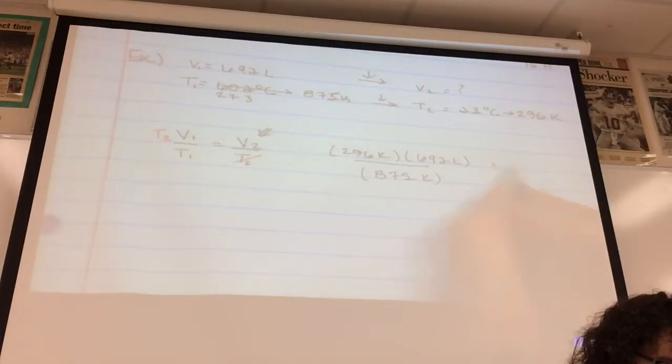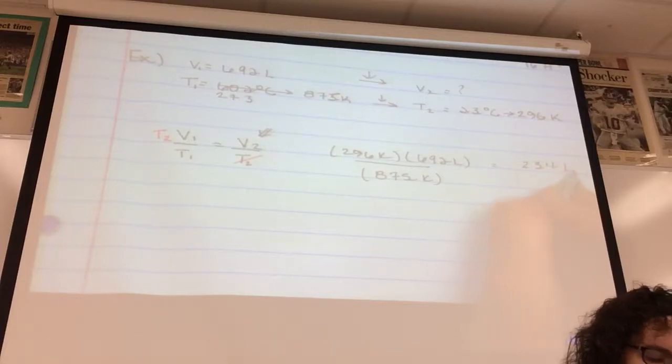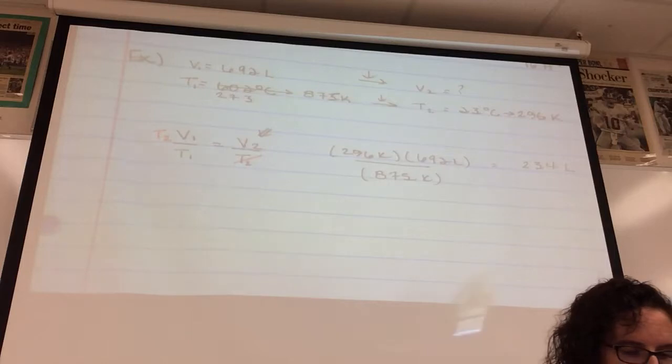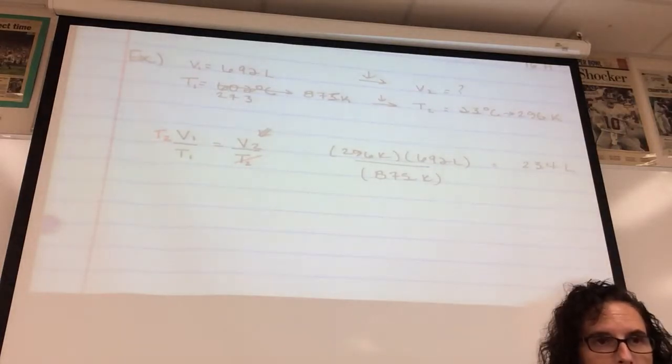And that's going to be 234 liters. So the volume decreased markedly with the decrease in temperature.